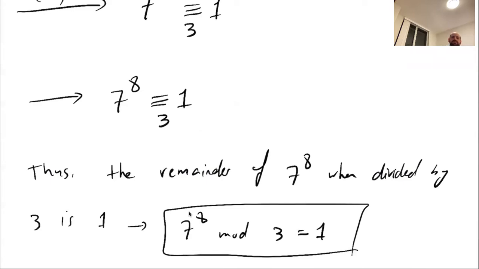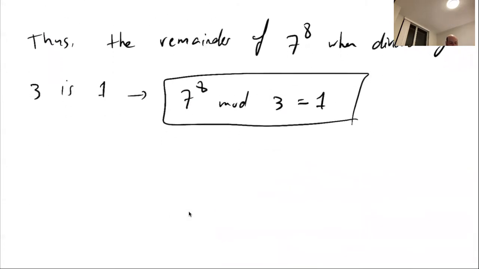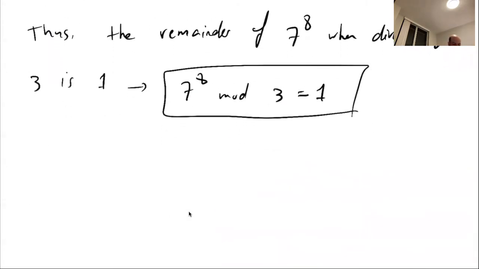Okay. Now let's look at another example. Let's say, for example, you want 8 to power 8, instead of 7 to power 8. If you want to find the remainder of 8 to power 8 when divided by 3, how much do you think the answer would be in that case?